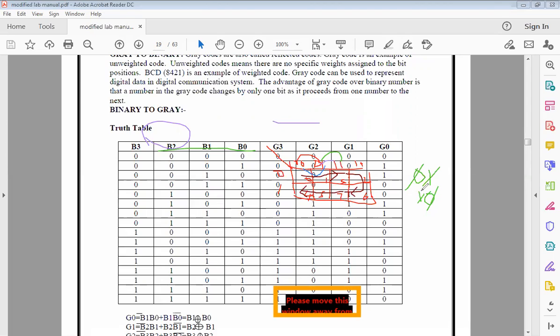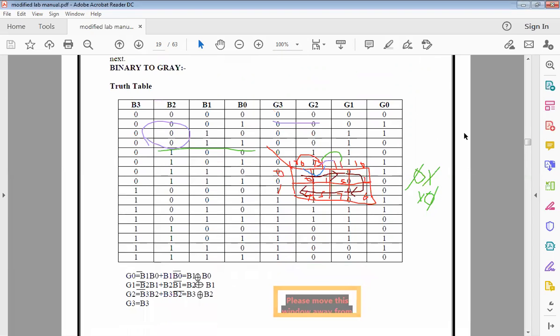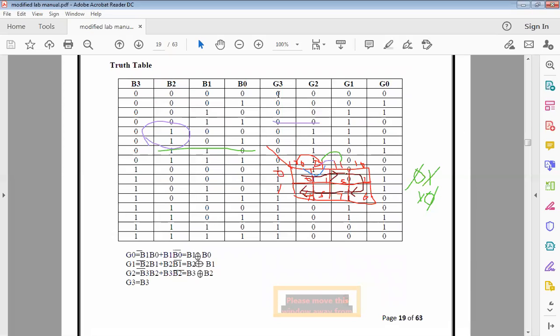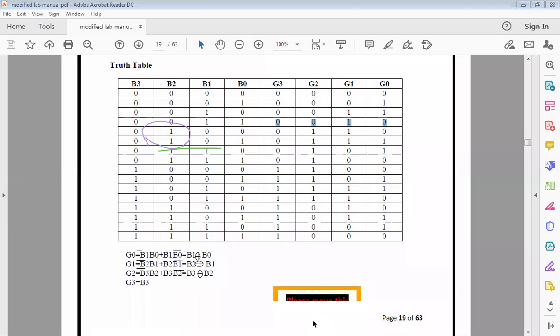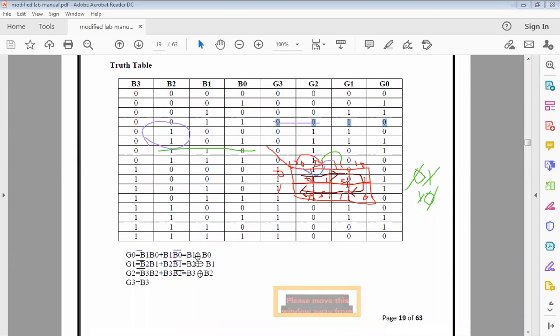Just have a look at it. Initially it is 0, then 1, then 3, right? After 3, then it is 2, right? Are you able to follow what I'm trying to say? Yes, sir. So it is 2, then after 2, what number is here? 6, right? 0, 1, 1, 0 is 6, right? So similarly, it goes in that fashion.